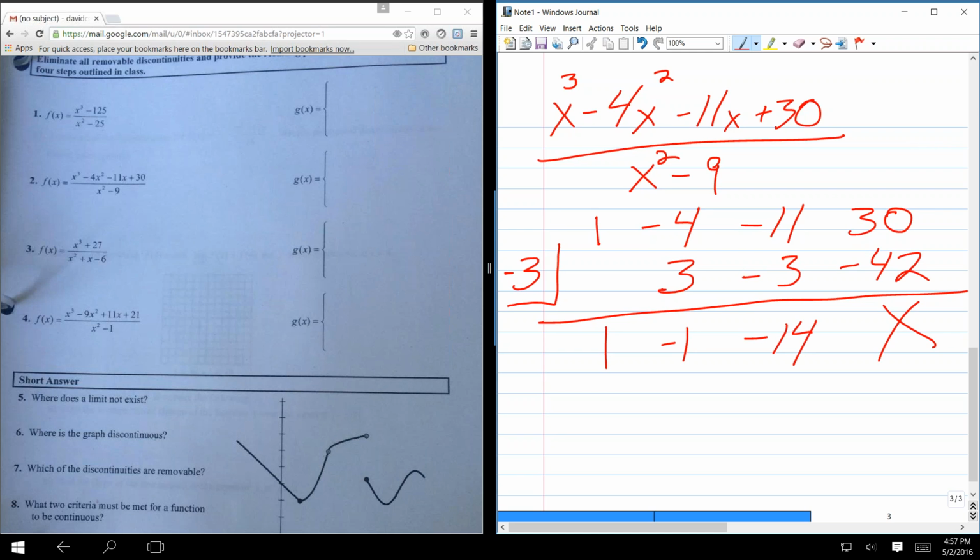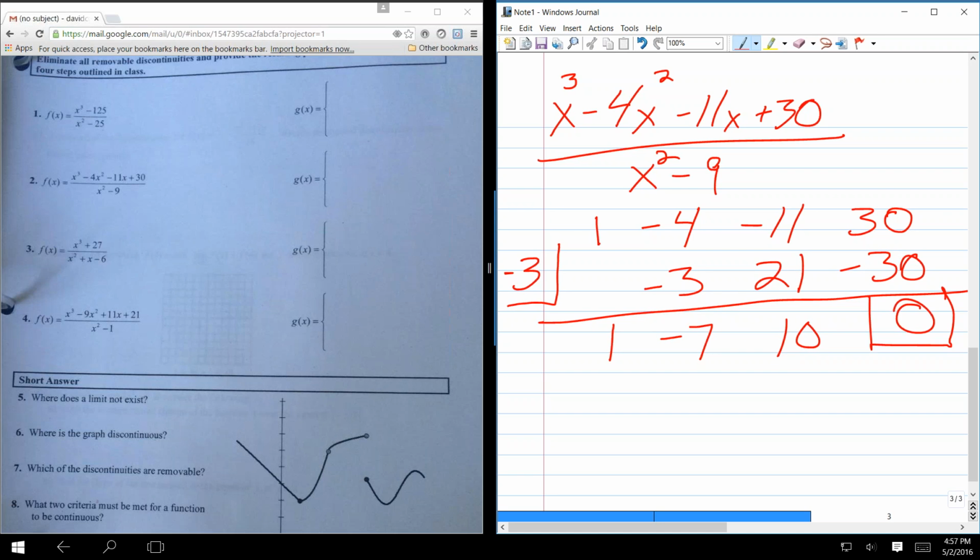If it's not a factor, I don't care about it. It's not going to be part of the problem. But I bet anything minus 3 is a factor. Okay. Bring down the 1, minus 3, add, multiply, add, multiply, bingo.